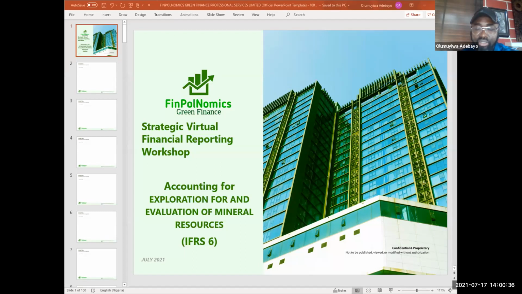And what could easily come to mind when we discuss this standard is oil and gas accounting. But it is worth noting that this does not necessarily address the entirety of oil and gas accounting. It only addresses the aspect of oil and gas accounting at the preliminary level between the period of acquisition right and the period of exploration right.